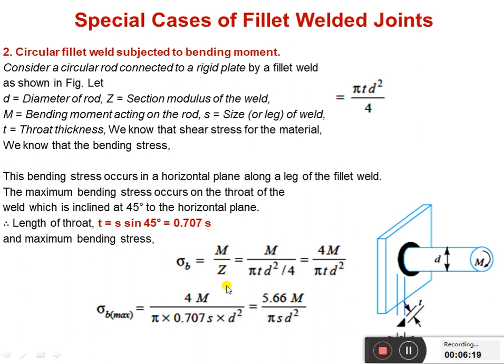The sectional modulus of the weld is pi t d square divided by 4, so sigma b is equal to 4M divided by pi t d square. The sigma b max is equal to 5.66 M divided by pi S d square.